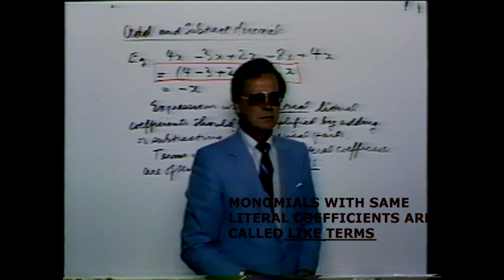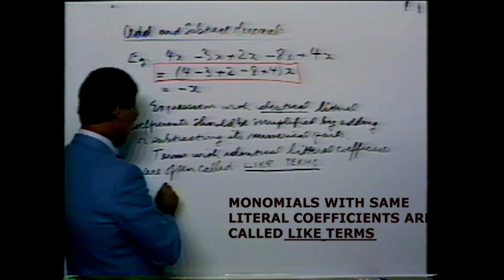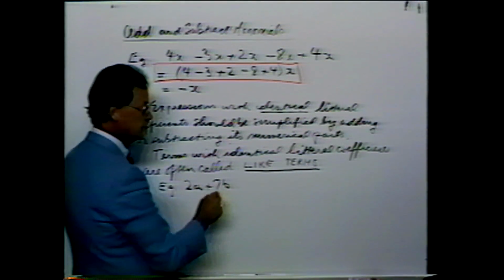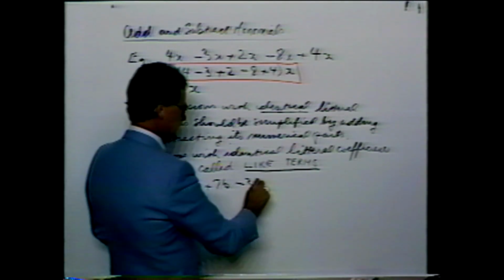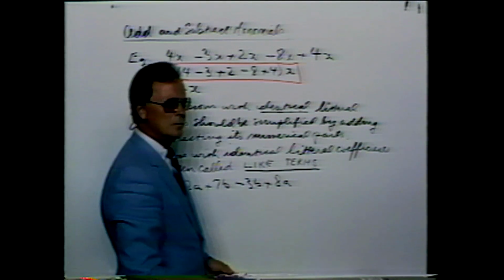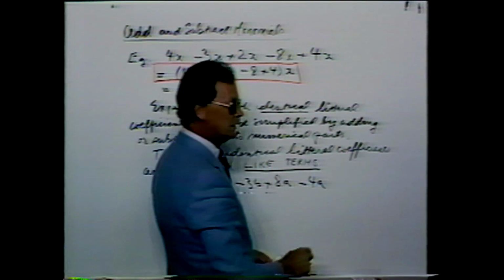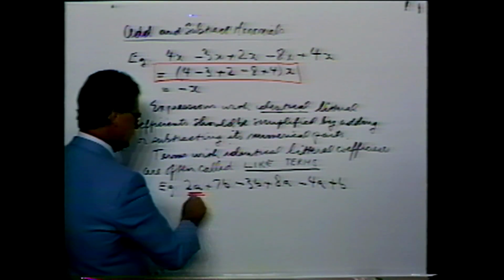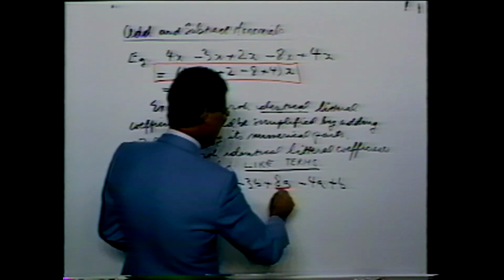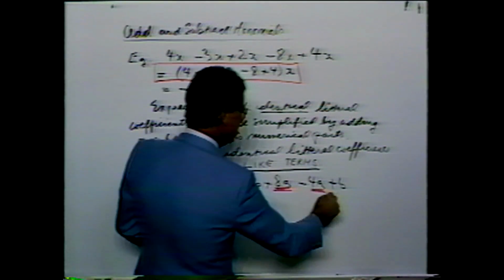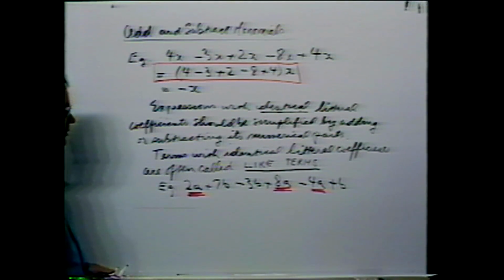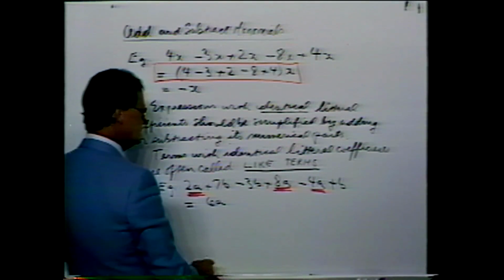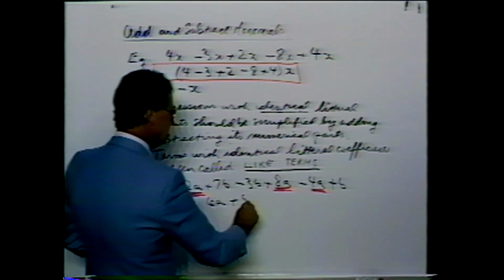For example, 2a plus 7b minus 3b plus 8a minus 4a plus b. The like terms are 2a plus 8a minus 4a, and these should be added and simplified. The result for the a term adds up to 6a, plus 5b.